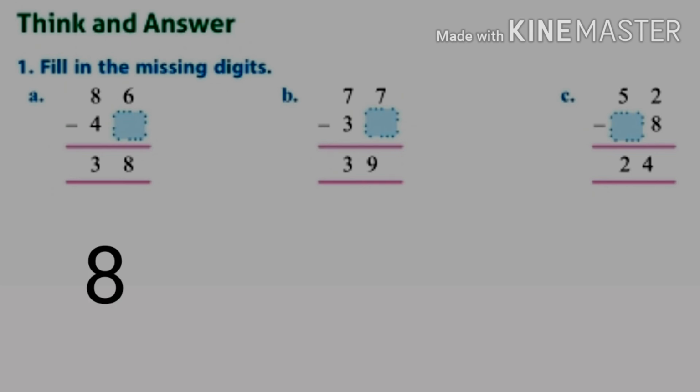Now in the second subtraction also, you can see that the digit in ones place is 7, and you have to regroup to get the answer as 9. So when we regroup, we get 17 ones, and from 17 ones you have to take away 8 ones so as to get the answer as 9. So the answer is 8.